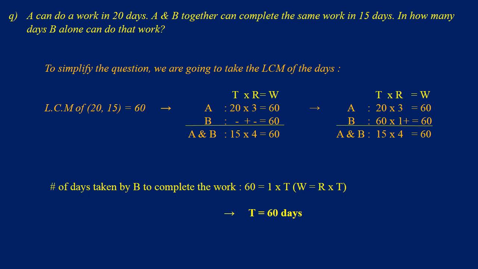Now, you see, the trick is to add a number to 3, that is, to add a number to the rate of work of A to get a total of 4, which is the combined rate of work of A and B. Now you can see that 1 unit is the rate of work done by B to complete it in 60 days. Hence, our answer will be 60 days.